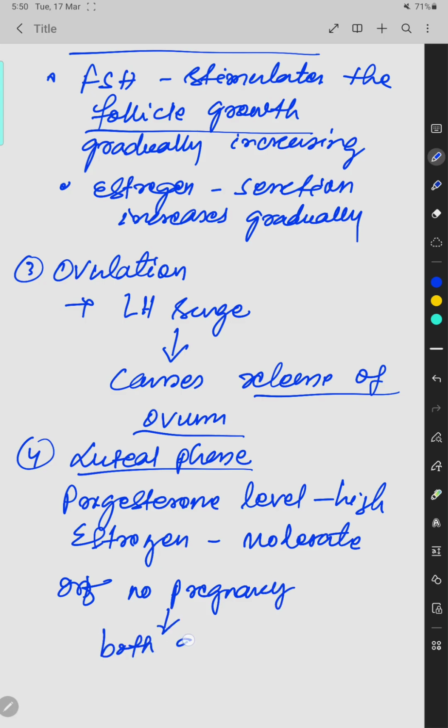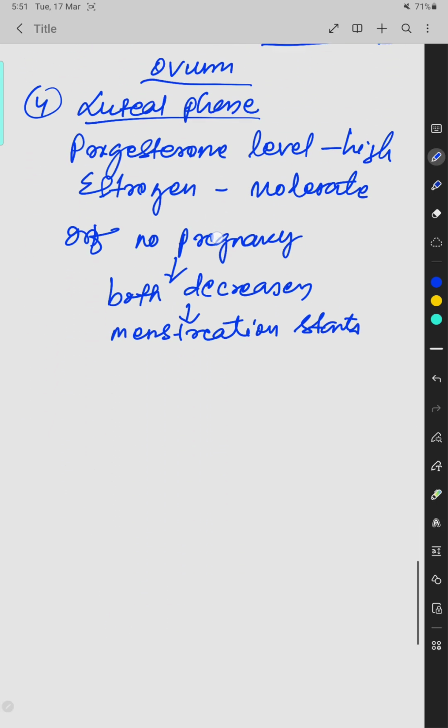Both decrease and menstruation starts. Okay, so these are the changes that take place in the luteal phase.